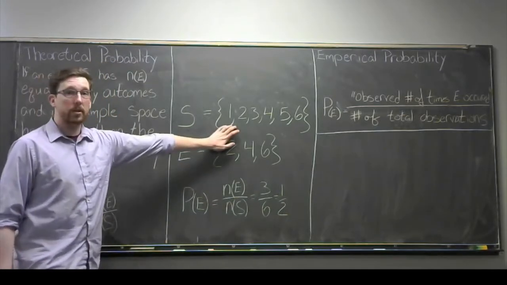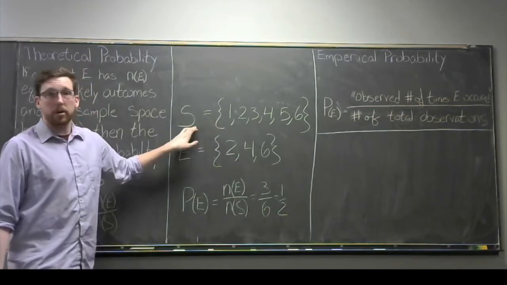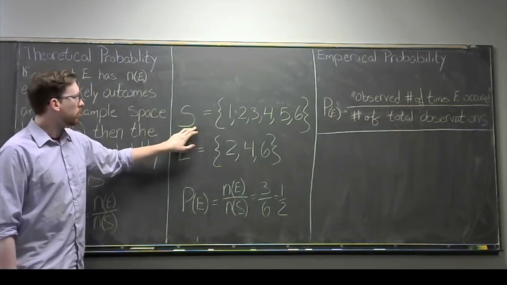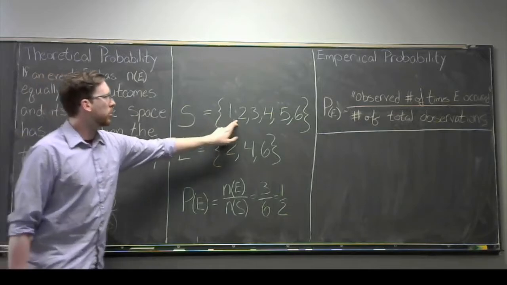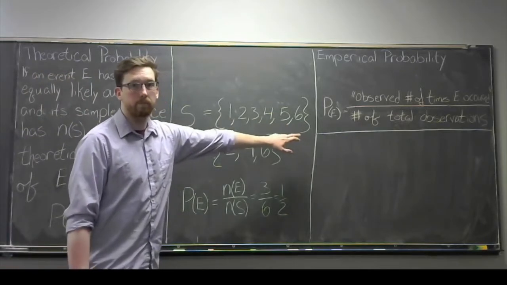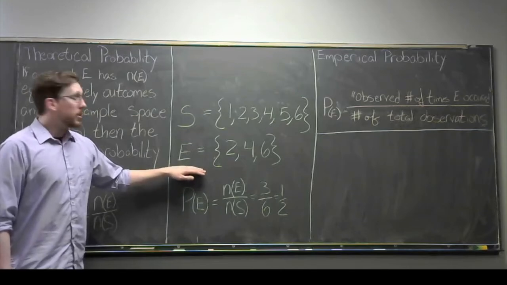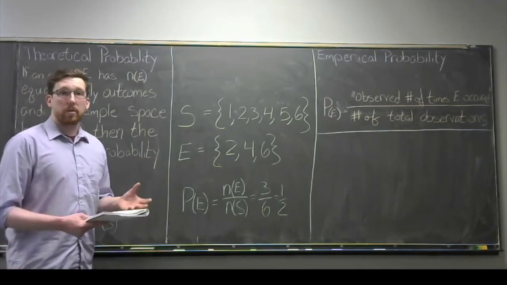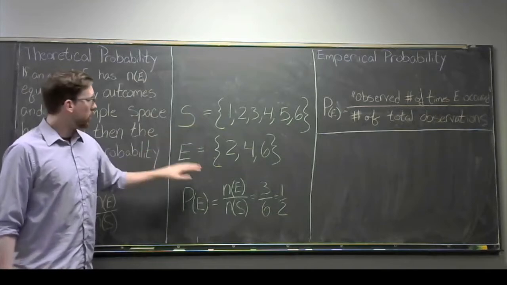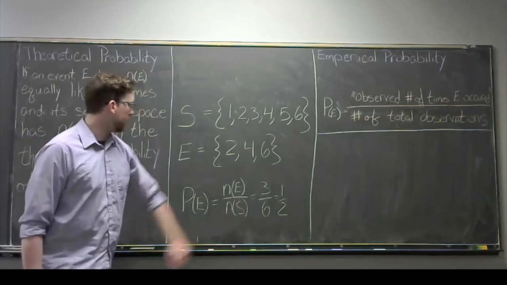So our sample space, denoted typically with an S, is a set of values 1, 2, 3, 4, 5, and 6. And our event is the set of values that are even values out of our sample. So in this case, 2, 4, 6.